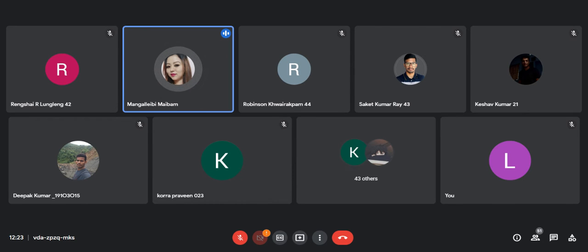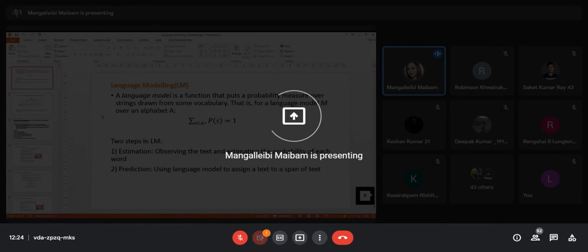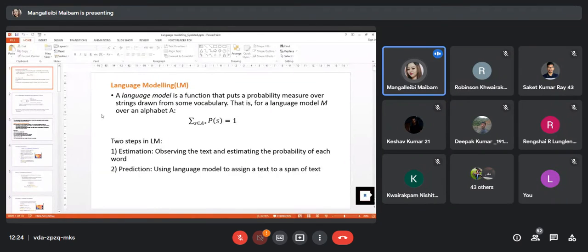So for language modeling, as I told you, normally unigram language modeling, bigram language modeling, and the query likelihood retrieval model, those things are important.